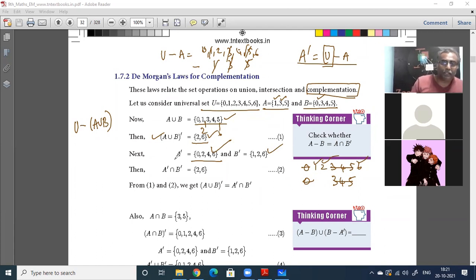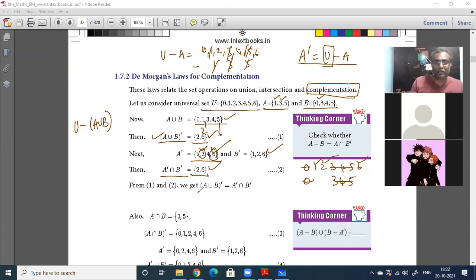Now very interesting: he is making an intersection of A complement and B complement. What are the common elements? 0 is not common. 1 is not common. 2 is common. 4 is not common. 6 is common. 2 and 6 are common, which is true. Now, what is the result? (A union B) complement is equal to A complement intersection B complement.